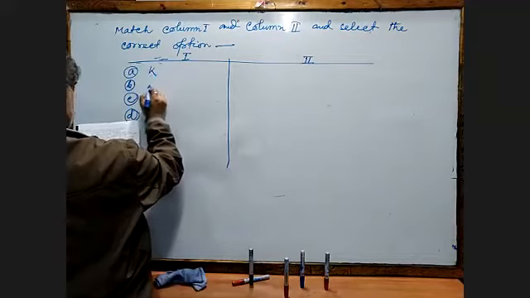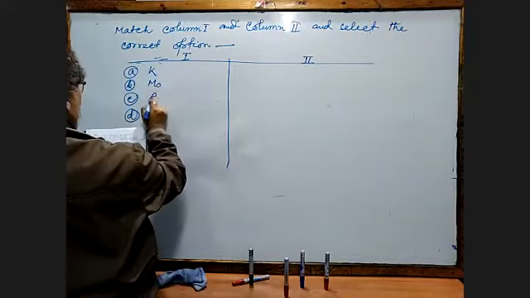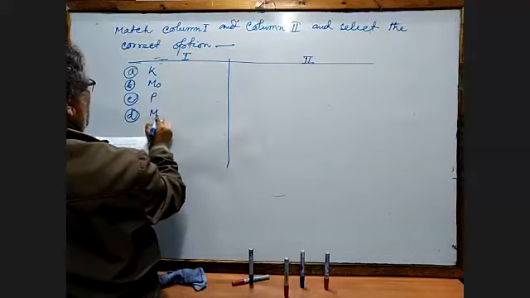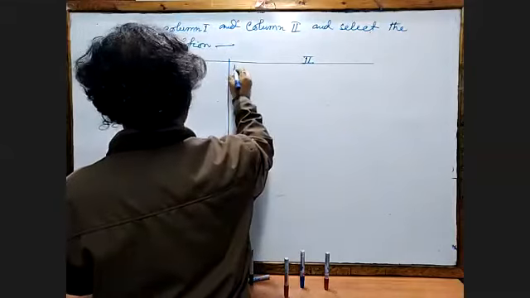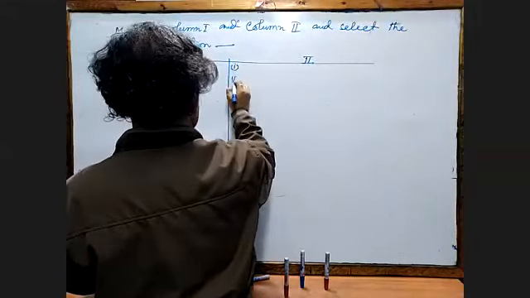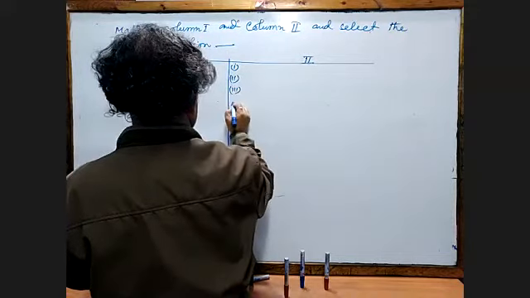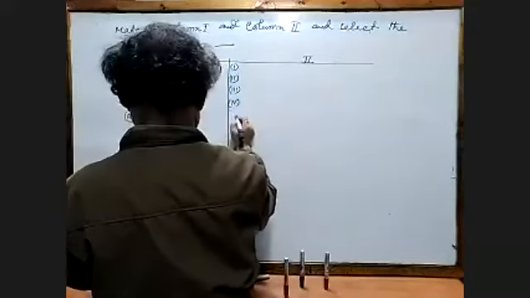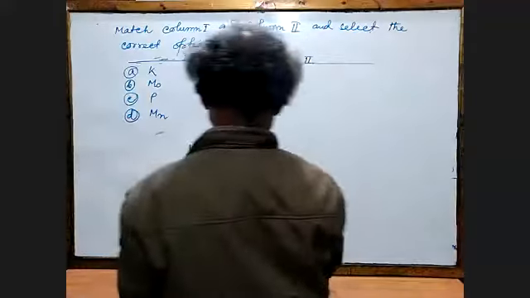A is potassium, molybdenum, phosphorus, and manganese. And here the functions have been given, different functions.